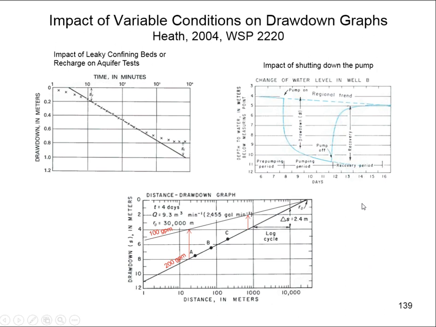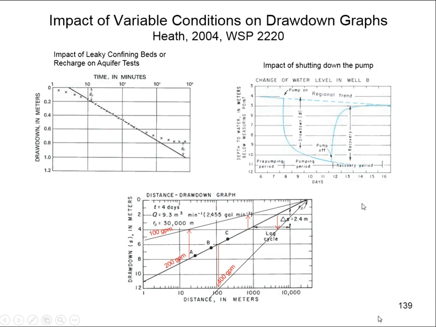If I want to pump at 400, so 2 goes to 4, 6 goes to 12. There's my new curve. And here I would get about 2.5 meters of drawdown. So you can proportionalize any distance in between here, just given one curve.